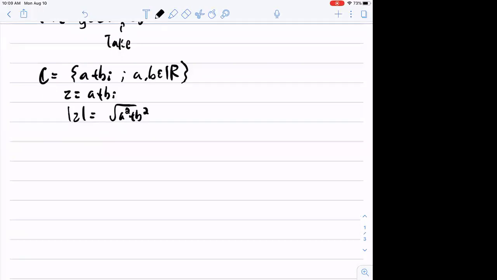If we call the absolute value of z r, then we could write this in polar coordinates as r cosine theta plus r i times r sine theta. And some people write it like r e to the i theta, right?